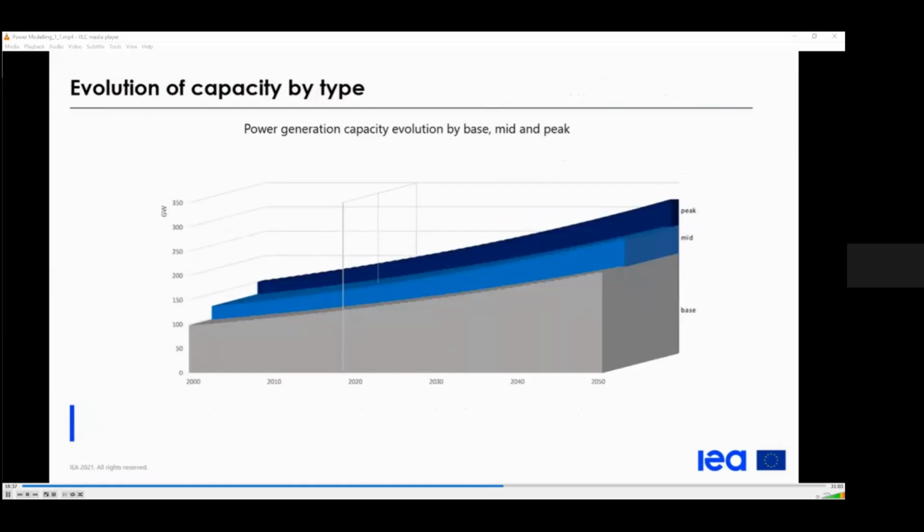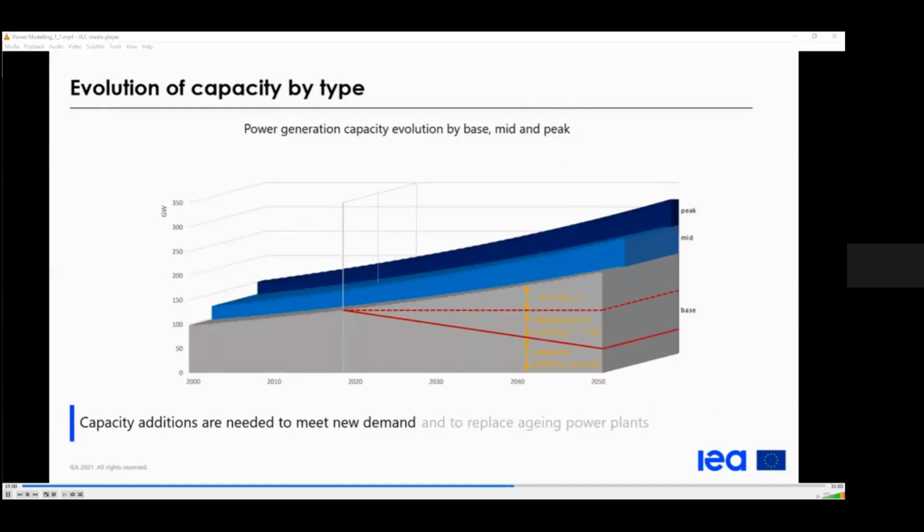For each time slice, the new additional capacity needs to take into account all these three time slices. So we consider the net addition needed to meet new demand and, as mentioned earlier, the addition needed to replace the retiring plants.